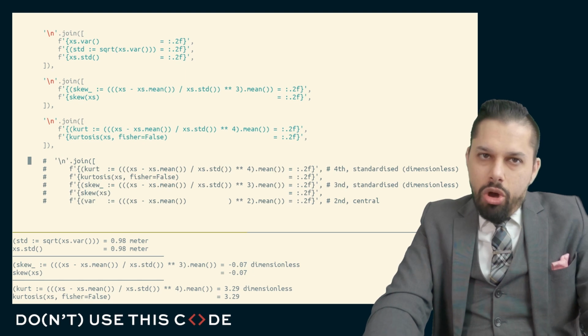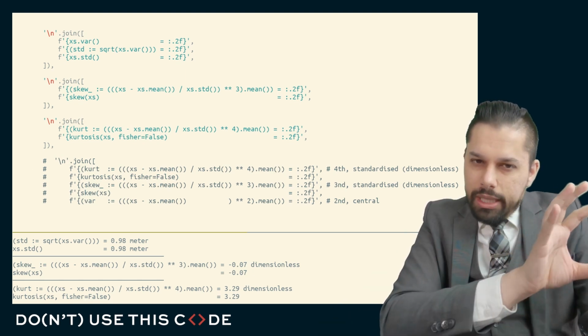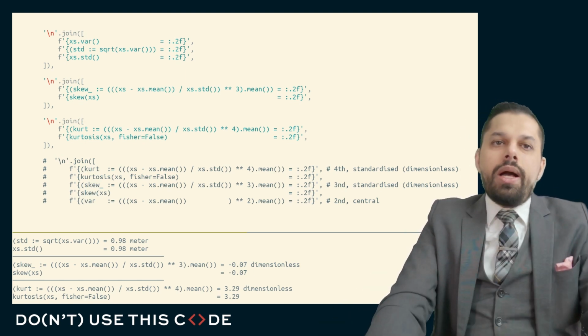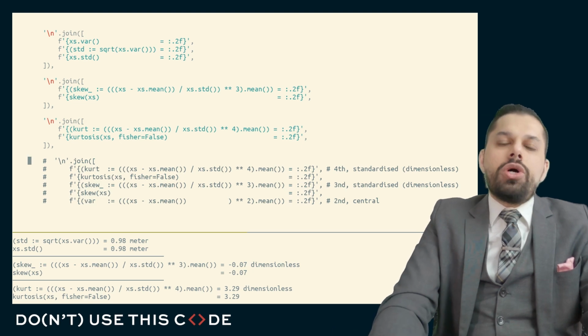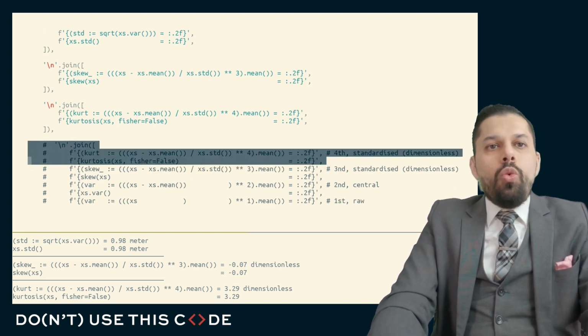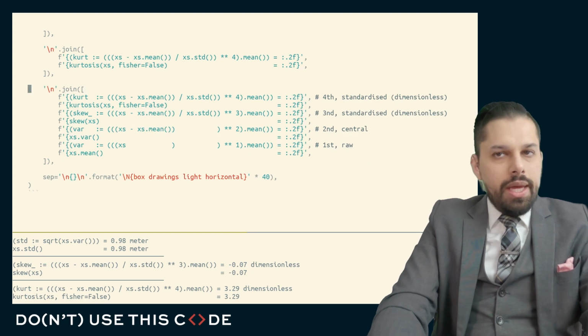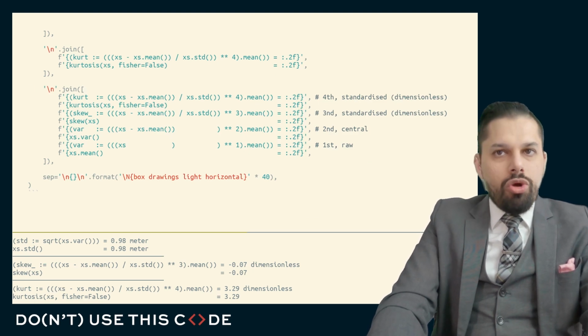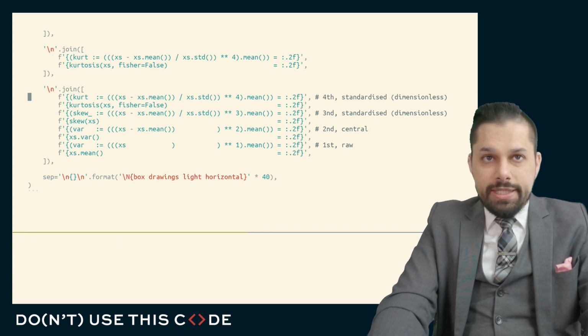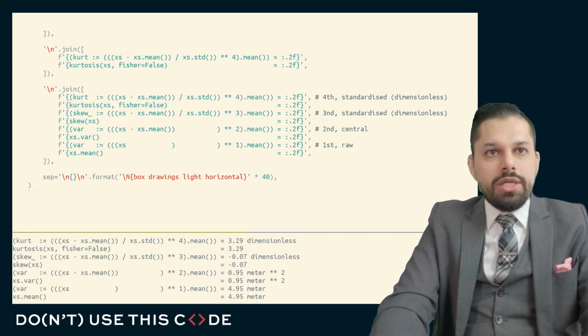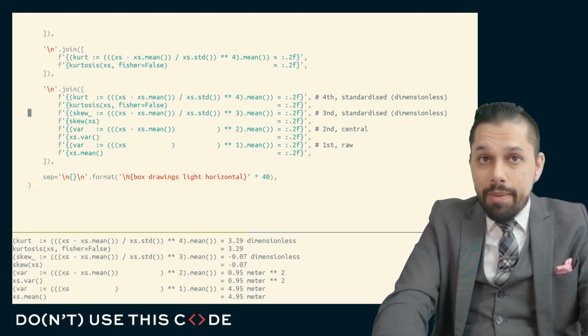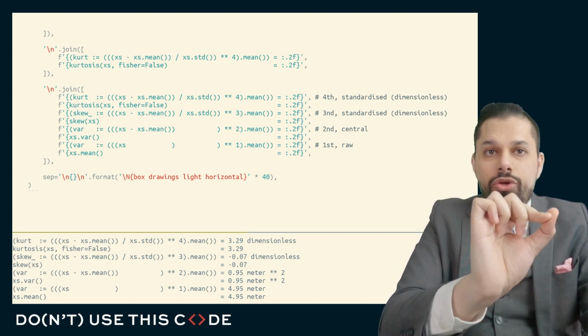I want to bring all of these definitions together to show you some terminology that will come up a couple of times and every time you talk about these summary statistics. We can talk about the kurtosis, the skew, the variance, and the mean in terms of moments: raw moments, central moments, standardized moments. Here is the computation for the kurtosis, and the computation for the skew is the exact same, except instead of the fourth power, it's the third power.